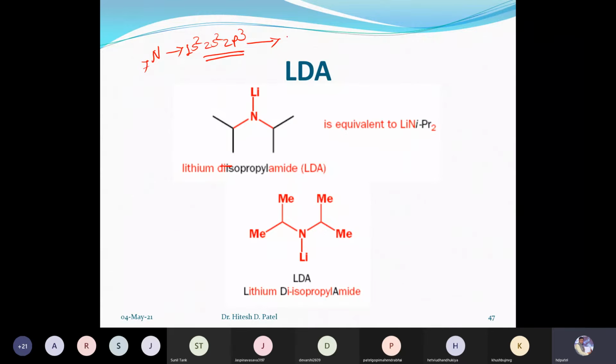Now during hybridization, what happens? The mixing of these two orbitals, the s and p orbitals. In sp3 hybridization we have 3 half-filled orbitals and 1 completely filled orbital.